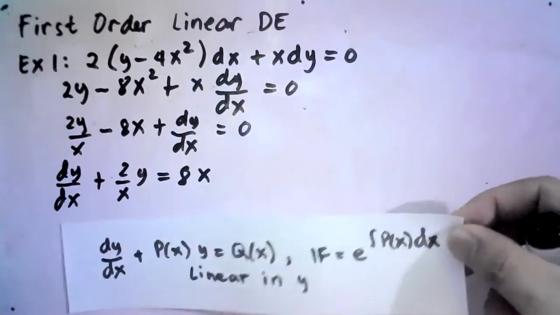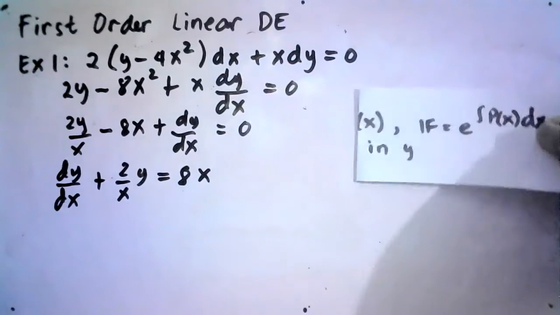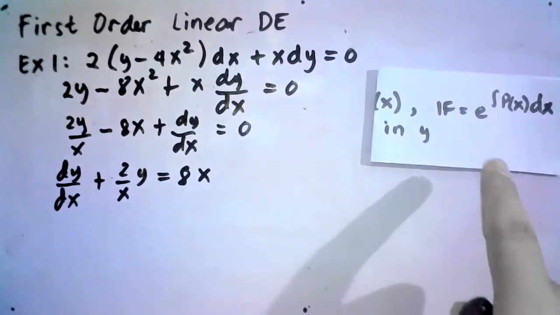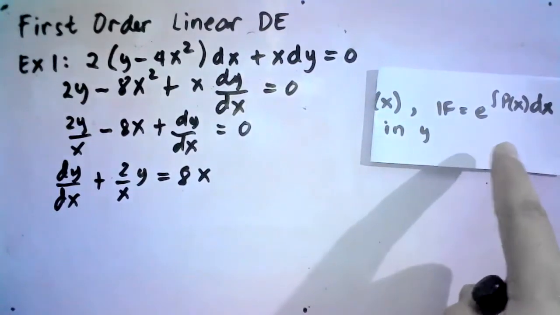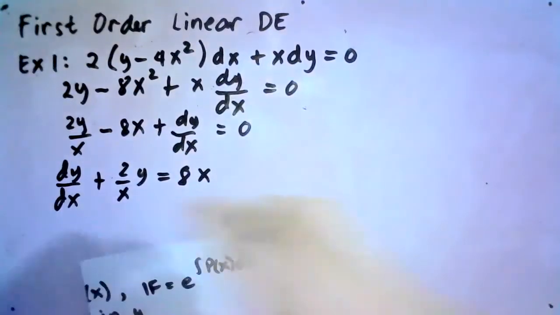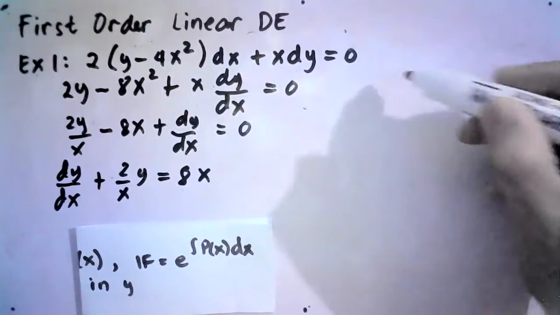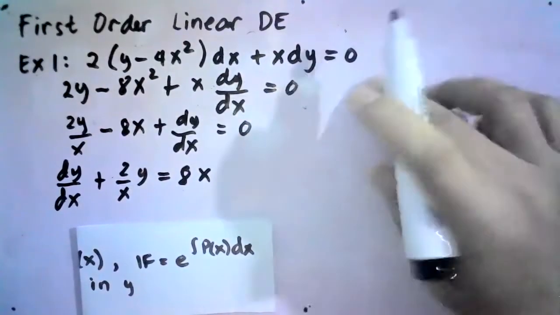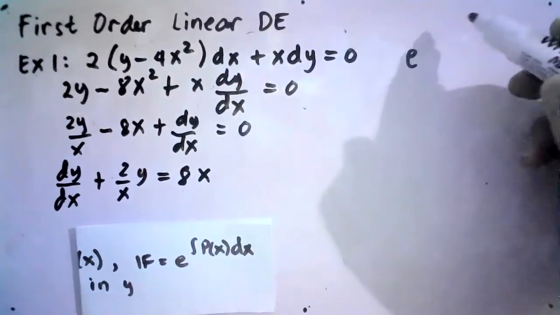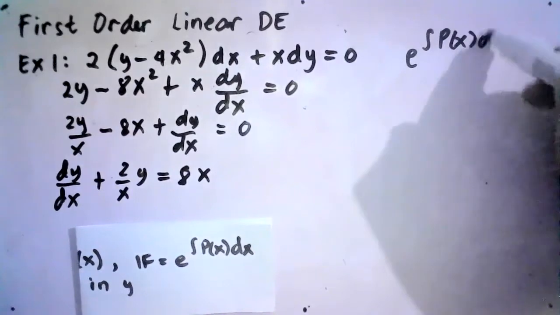So if that is linear in y, we will make use of this integrating factor, which is if equals e raised to the exponent of p of x dx. So we will compute our integrating factor here. We have e raised to the integral of p of x dx.